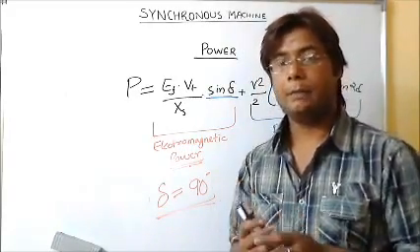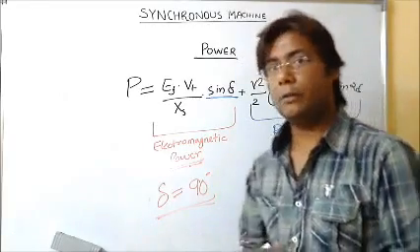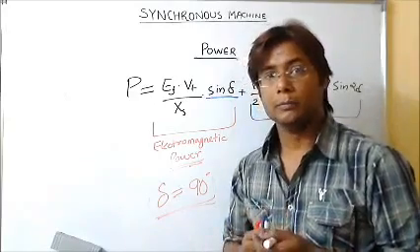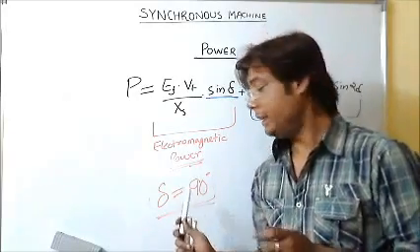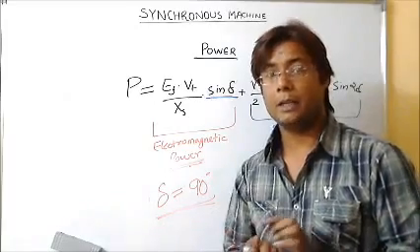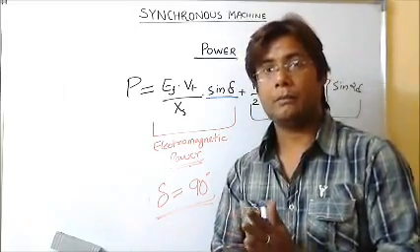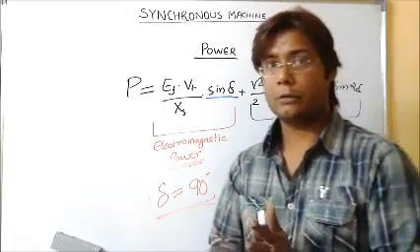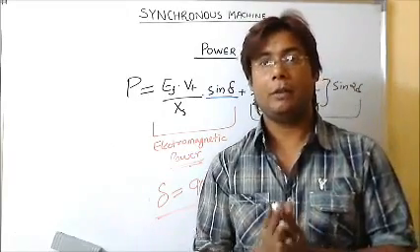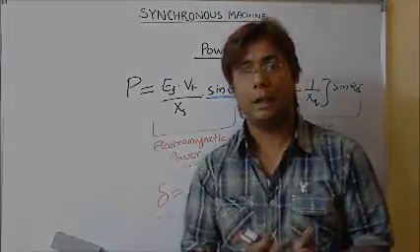So it is very important for objective type questions that when delta is 90 degrees, the electromagnetic power is maximum and the synchronizing power is 0. And at the point of 45 degrees, the electromagnetic power and the synchronizing power are both equal.